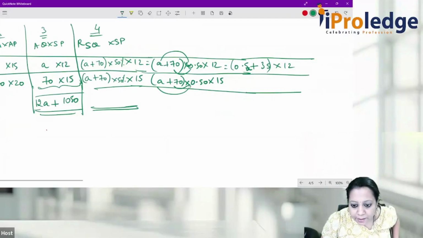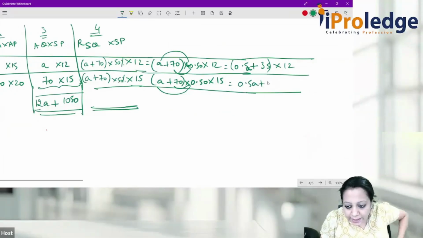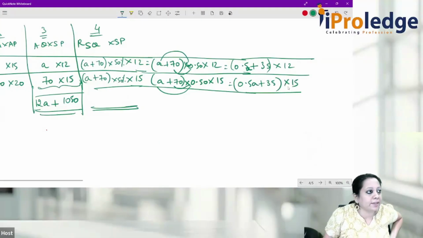Next is going to be 0.5a plus again 35 into 15. If I say, will you all agree with me? Right, ma. Please write up to this quickly.